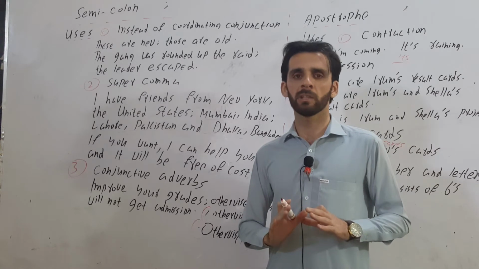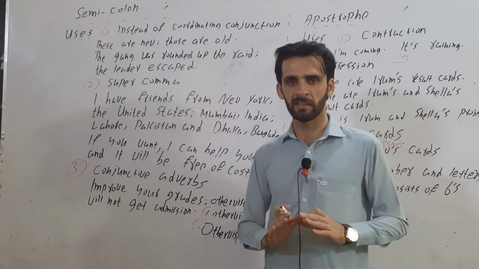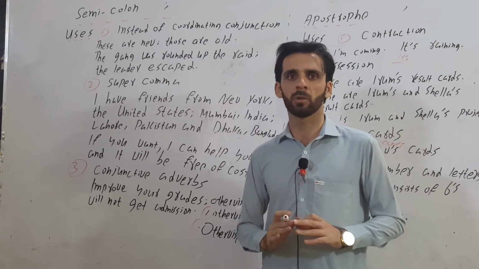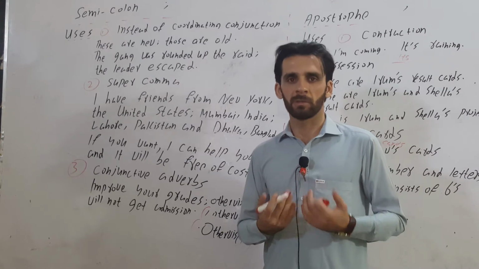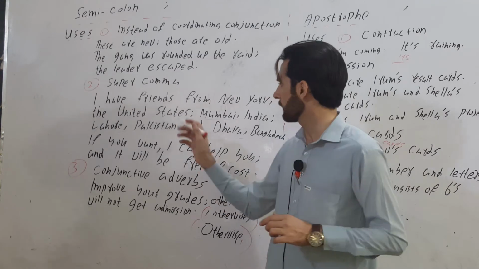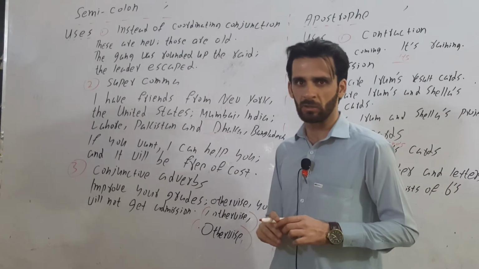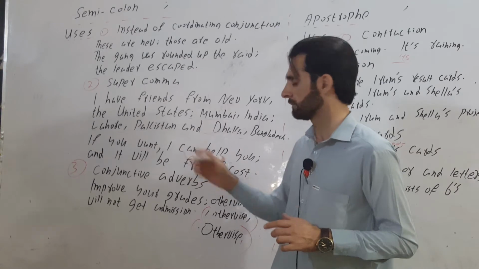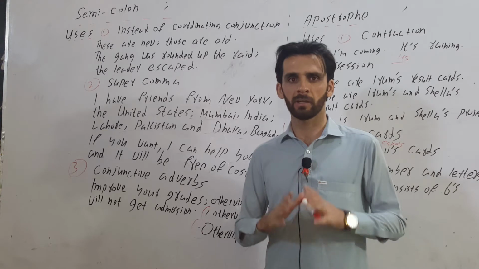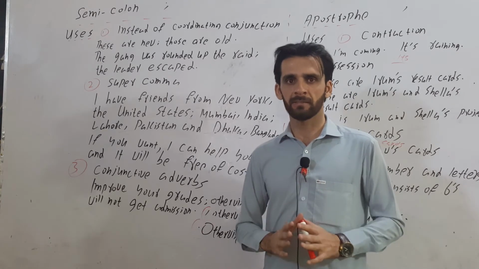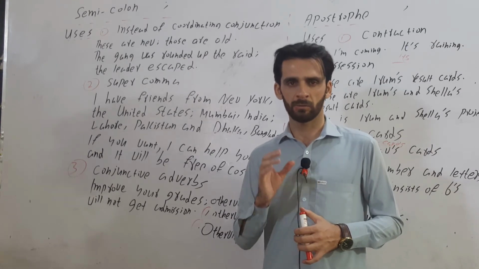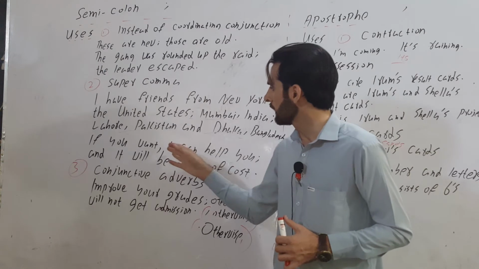So the rule is that when we have commas internally in the items in the series, the items themselves will be separated through a semicolon or semicolons, not comma. You can see here we have used semicolon, not comma. Usually we separate items in a series with comma, but when the items themselves carry comma, we will use semicolon to separate the items themselves.